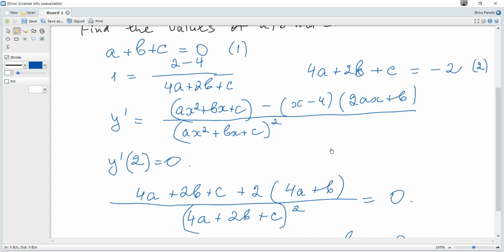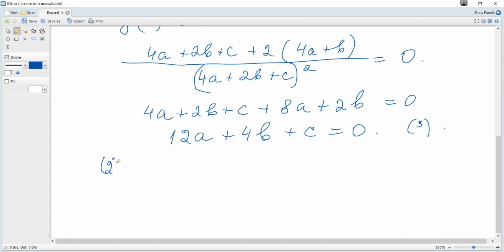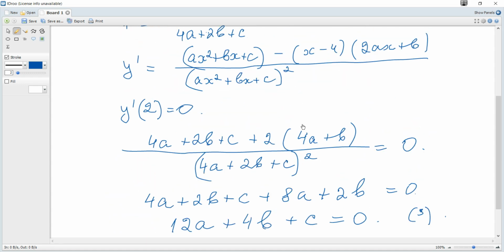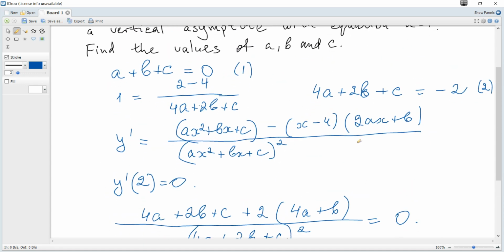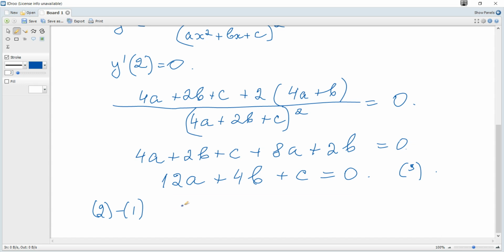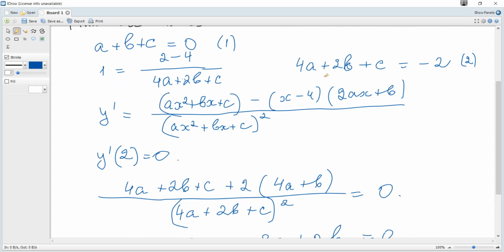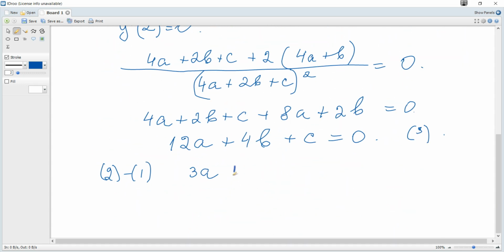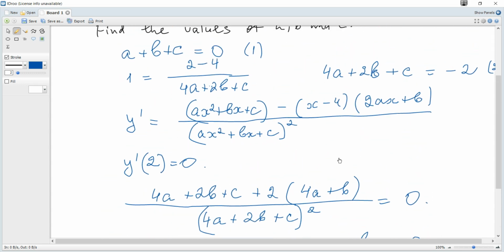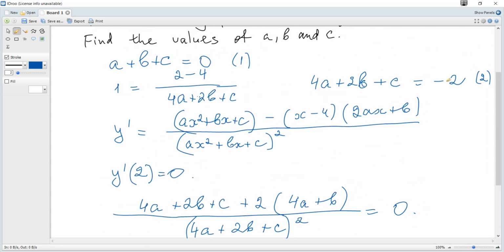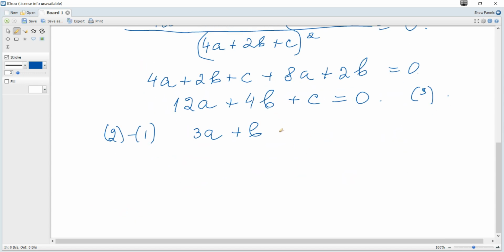So let's consider, for example, 2 minus 1. Why? Because I can see plus c and plus c, so we can remove c. So 2 minus 1 would subtract the left hand sides and the right hand sides to get, for a minus a it's 3a, and 2b minus b is b, and c minus c is 0, and negative 2 minus 0 is equal to negative 2.